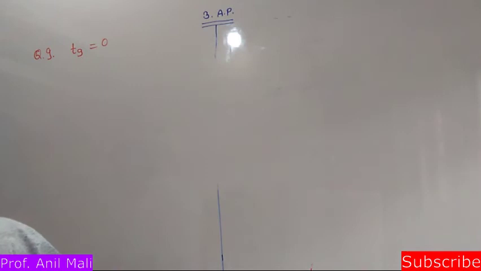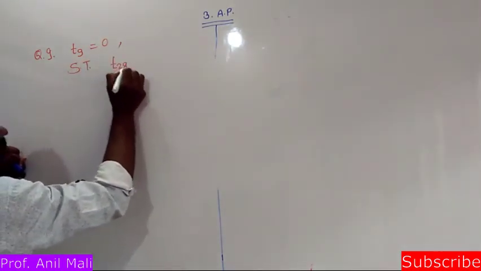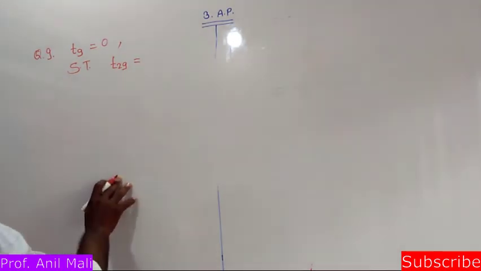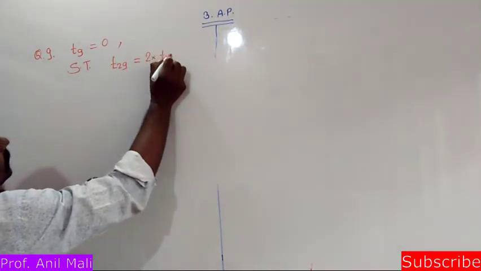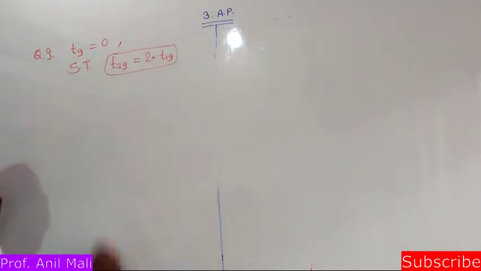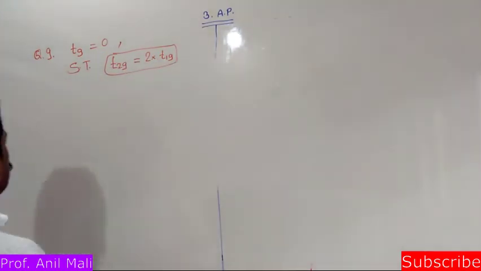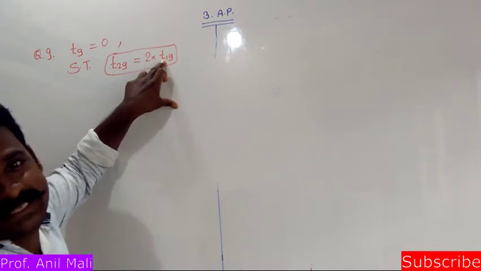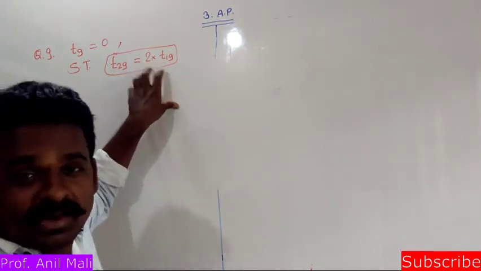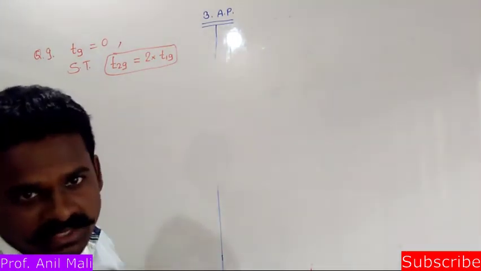And we need to show that the 29th term is twice the 19th term. This is our target, and to reach that target we will solve the problem.